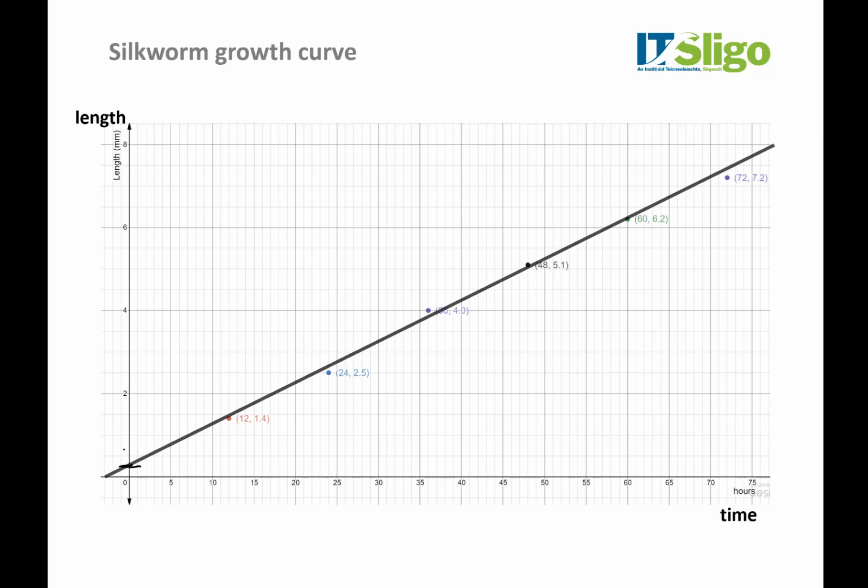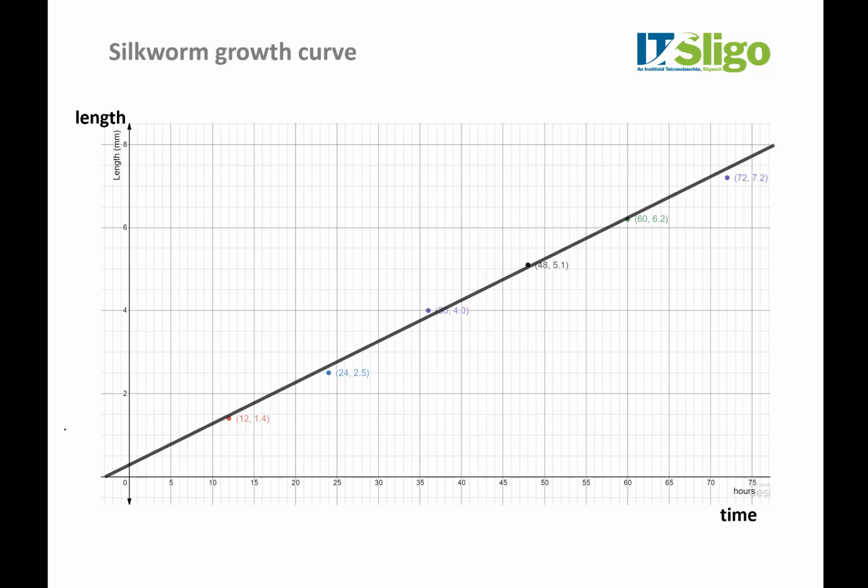The larvae was about 0.2 millimeters in length when we started the experiment. So wherever your graph cuts the y-axis, the vertical axis, that's your initial conditions. And as scientists, we're always very interested in this. What's going on when t is equal to 0?